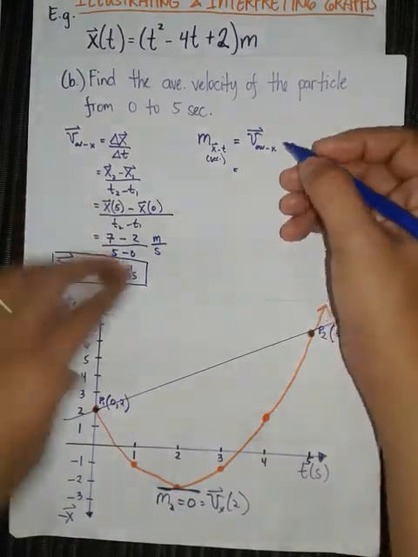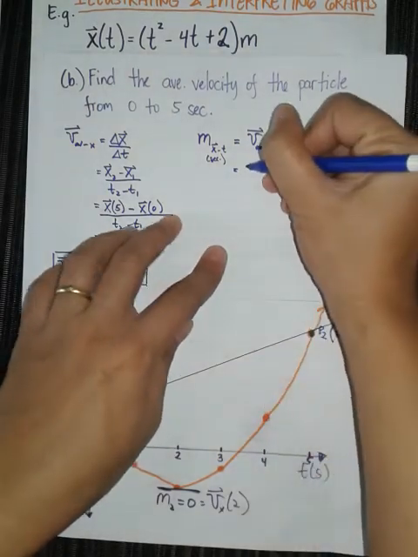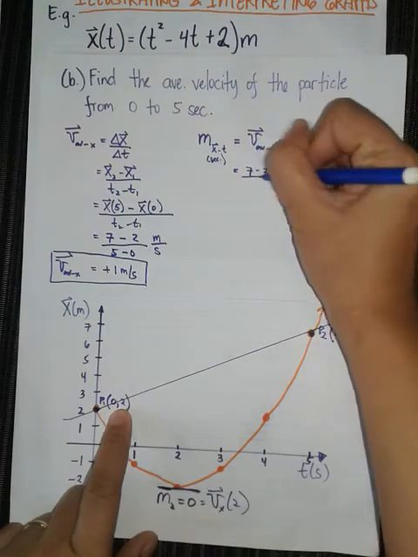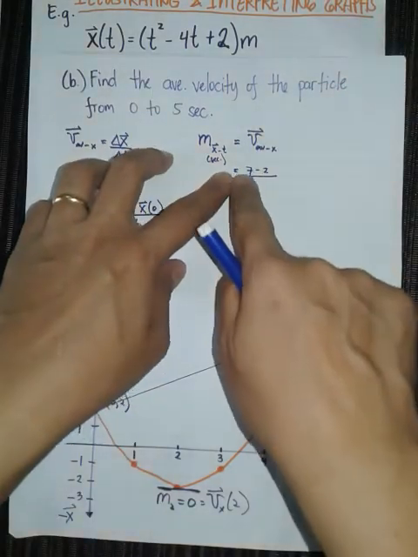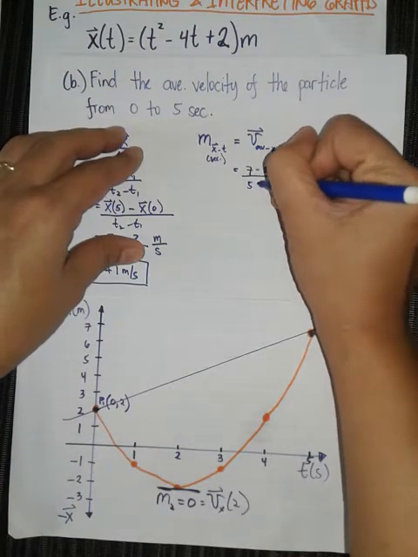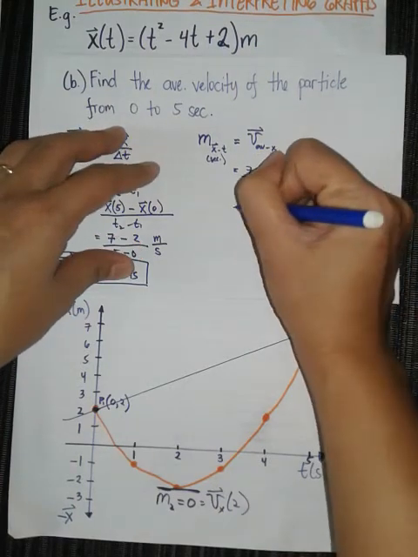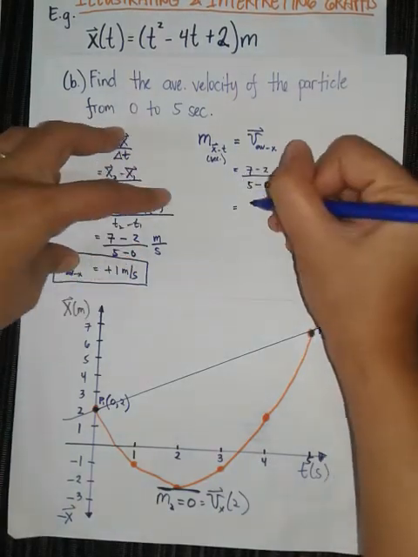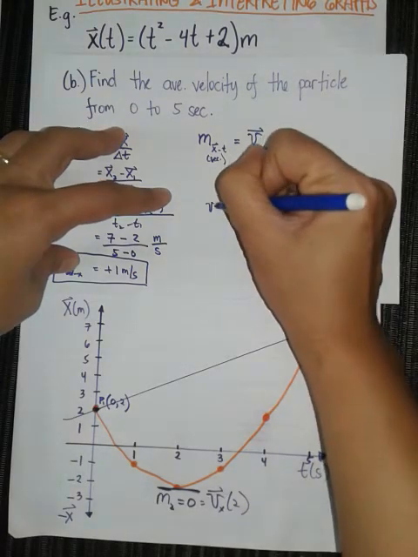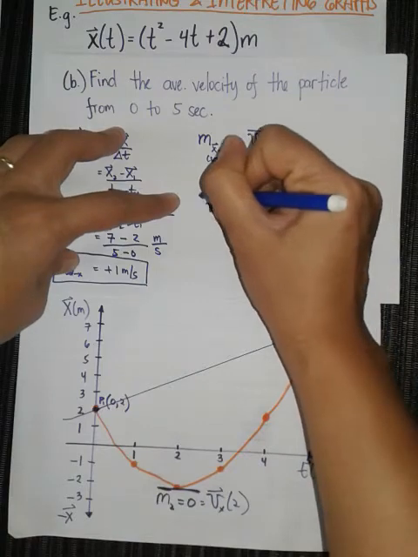We have our final y is 7. Initial y1 is 2. So this is delta y, y2 minus y1, over x2 minus x1. Obviously, we're expecting that this will give us the same value. So this is the average velocity along the x.